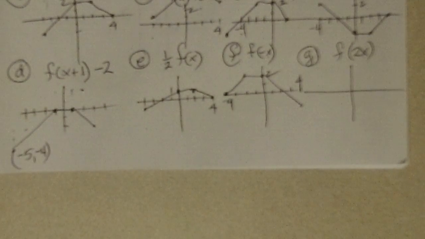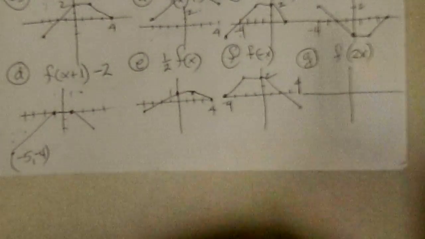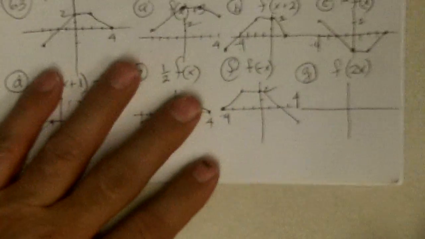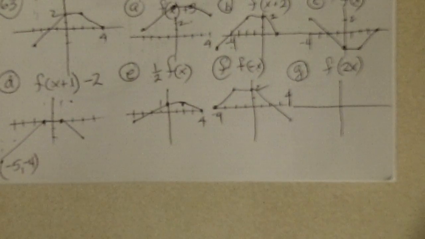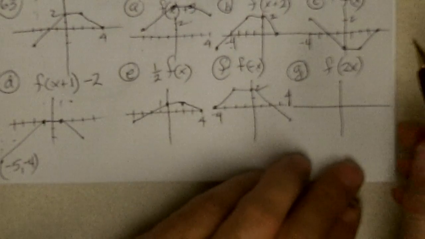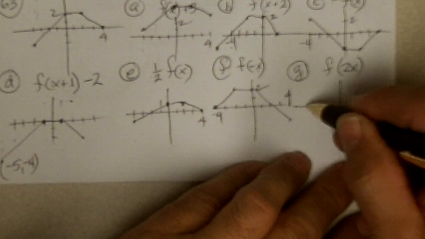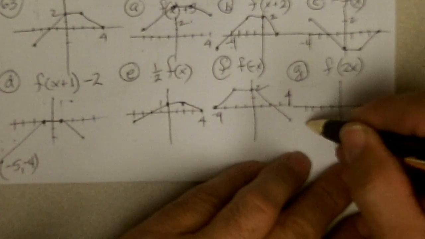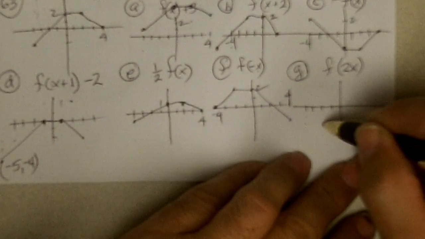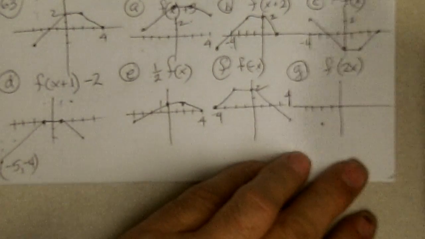And finally, 2 times the x. So it's on the inside, so it works horizontally. Inside, so it does opposite, and so it's half as wide, half as far from the y-axis. So it was minus 4, minus 2. Half as far from the y-axis, it'd be minus 2, minus 2.